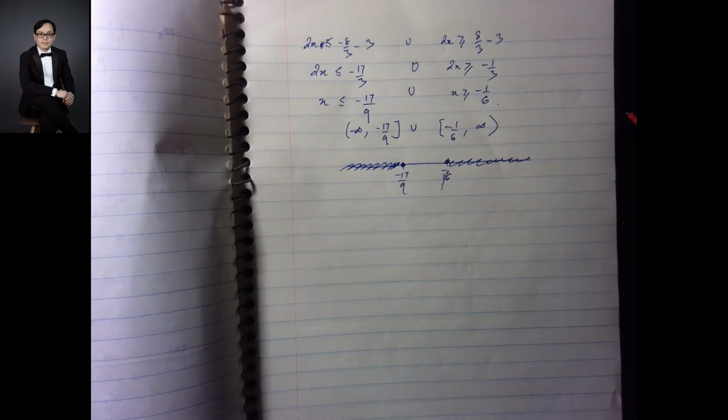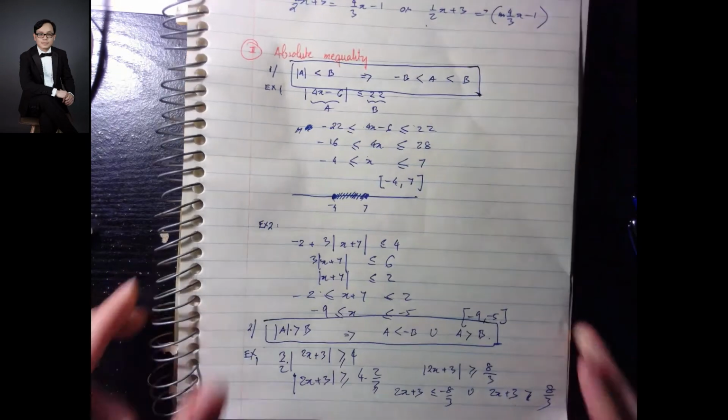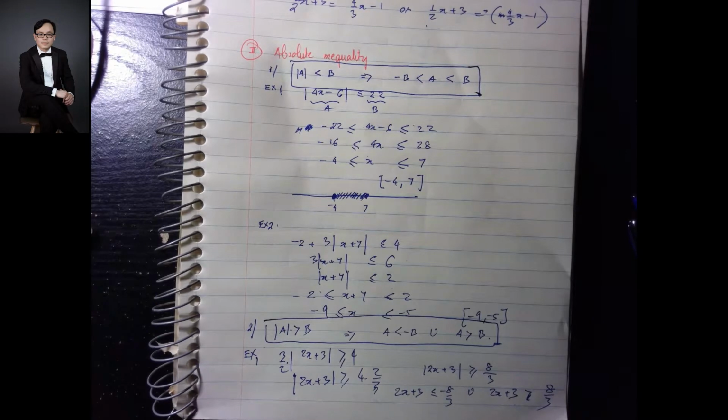Okay, so in general, when you solve an absolute equation, you have 2 forms, and when you solve an absolute inequality, you also see 2 forms. So totally we have 4 formulas to solve absolute equation or absolute inequality.